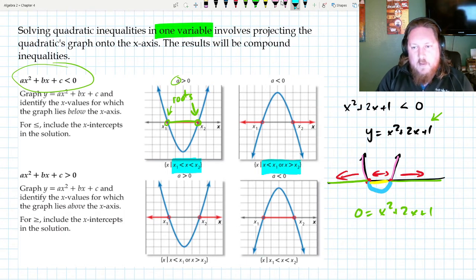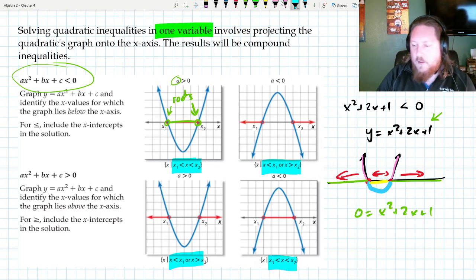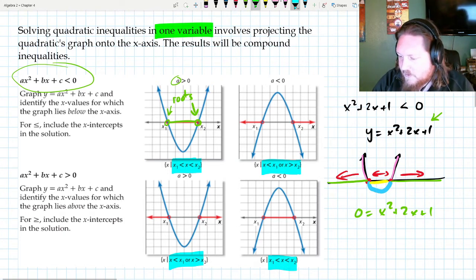If I have a positive a with a greater than 0, it's going to be an or. And if I have a negative a value and a greater than 0, it's going to be an and inequality.